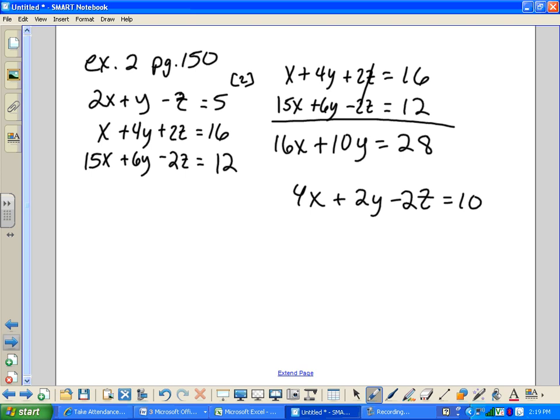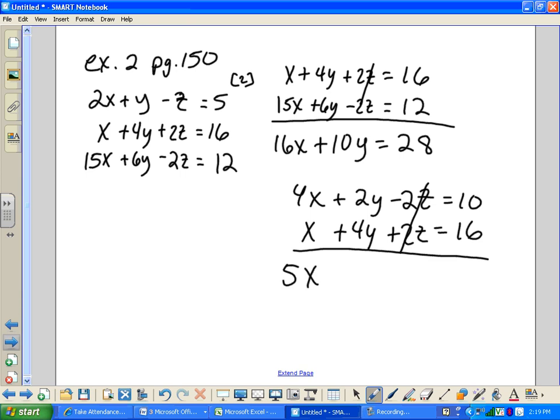And now I'm going to copy that second one, x plus 4y plus 2z equals 16. So when we combine these, again, the z's eliminate. And usually what's important to remember is I have to eliminate the same variable twice. I eliminated the z now twice. This is going to give me 5x plus 6y equals 26.